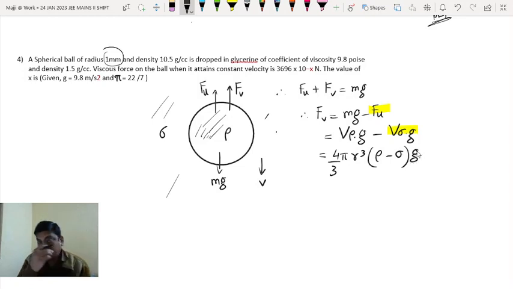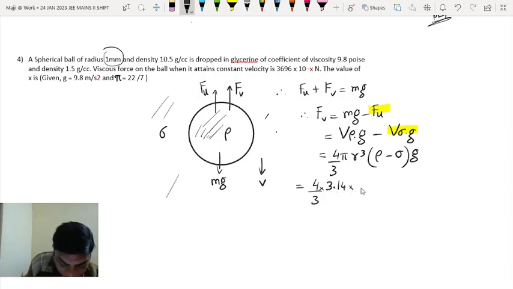Now it's just a matter of substitution of values. Go on substituting the values. 4 by 3 into 3.14, radius is 1 mm, so milli means 10 power minus 3. Density of the body, I mean sphere, is 10.5 gram per cc, whereas density of the fluid is 1.5 gram per cc.